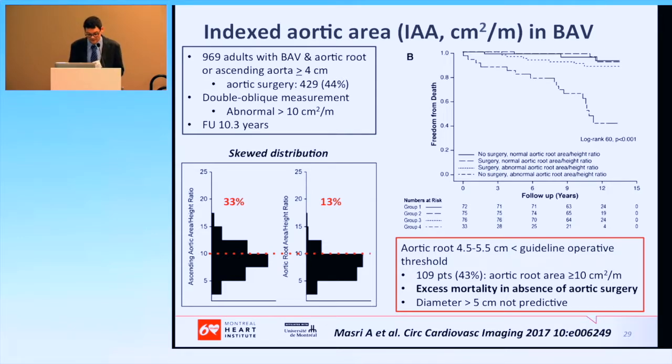So in this study, indexed aortic area, defined as more than 10 centimeters square per meter, identified a subset of patients with a bicuspid aortic valve who did not meet surgical indication, but who did carry a higher risk of aortic events if not operated. And an aortic diameter greater than 5 centimeters in that series did not predict death as well as the indexed aortic area.